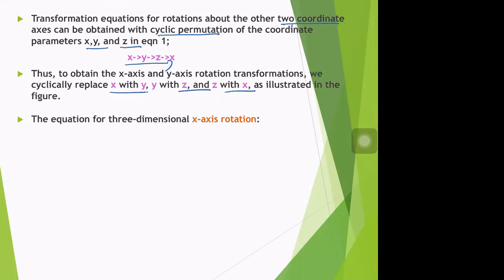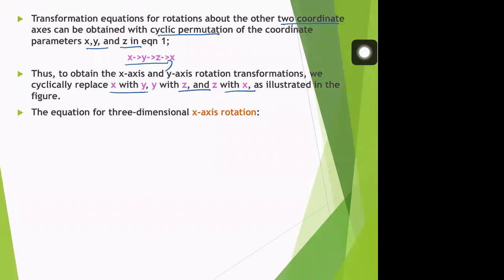So the equation for 3-dimensional x-axis rotation. What will be the x-axis rotation now? I'll just write it here itself instead of going back. X, y, and z. If you want to rotate with respect to the x-axis, which axis comes first? Y, right? Followed by z.